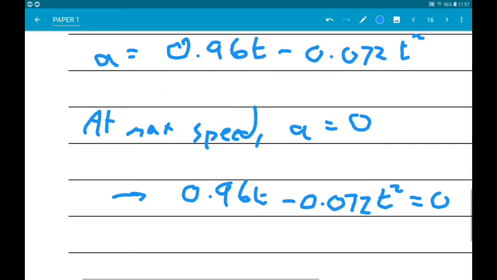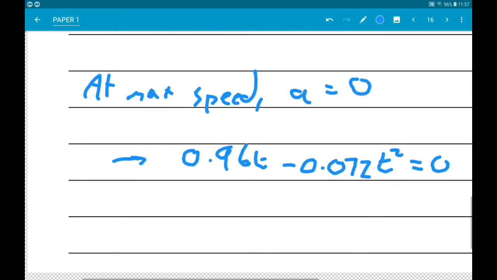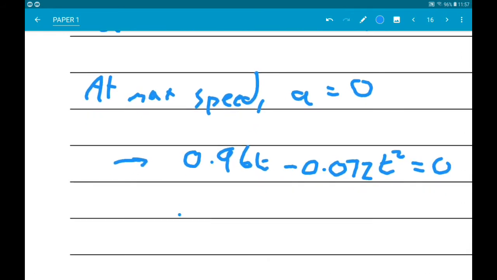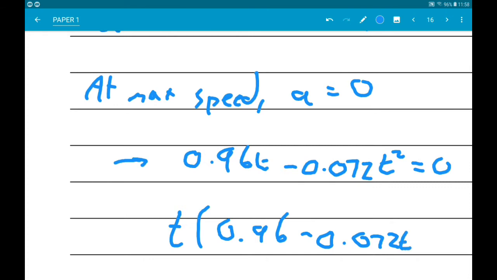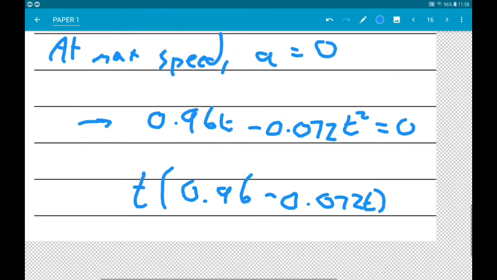So if we factorise that, we get t times (0.96 minus 0.072t) is equal to 0.